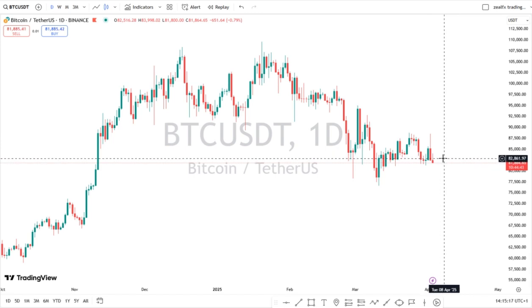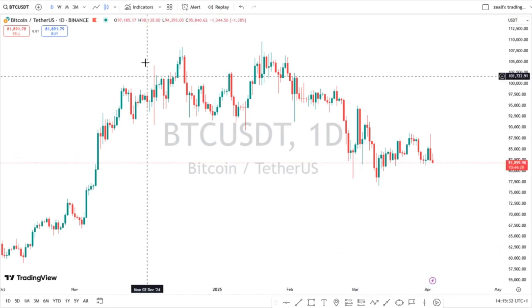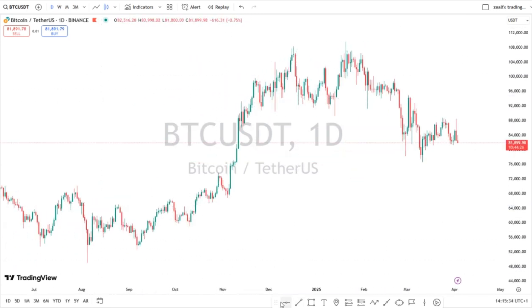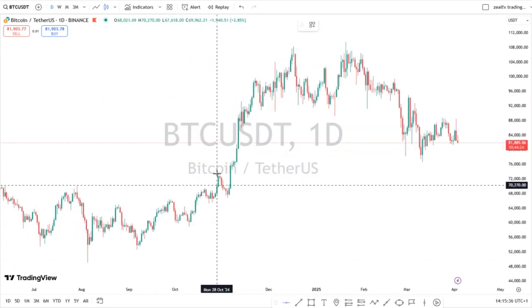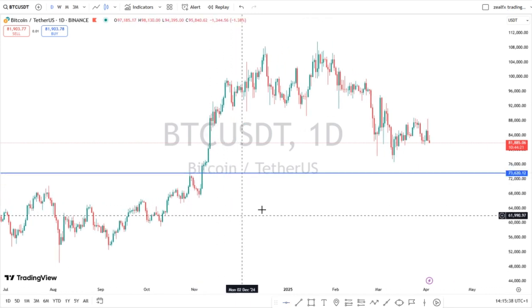I don't want to do the confirmation for you because I'm avoiding analysis paralysis. So just do your top-down analysis, but with what you have on the daily chart now, we are expecting BTCUSD to drop, because the daily chart has confirmed the drop. All we expect now is for BTCUSDT to drop to this 73k level. This is the area we're expecting BTC to drop to.